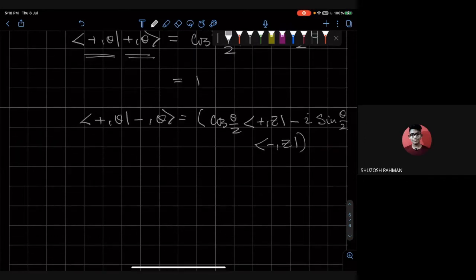And then this thing will become cos of theta by 2 plus of z. And here the minus sign will remain a minus sign because we are not taking the Hermitian conjugate of this.